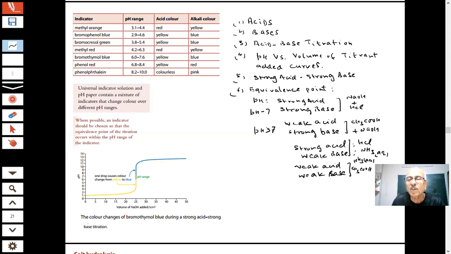Do you have notes or not? How much was the pH when you took NaOH and CH3COOH at the equivalence point? CH3COOH plus NaOH, how much did we get? 8 point something, what was that value?